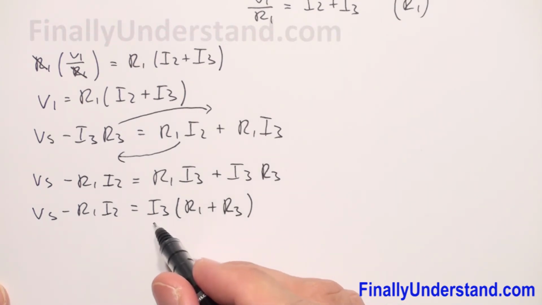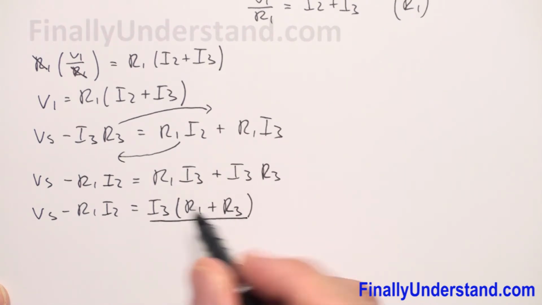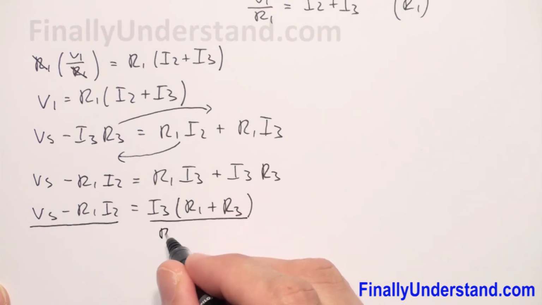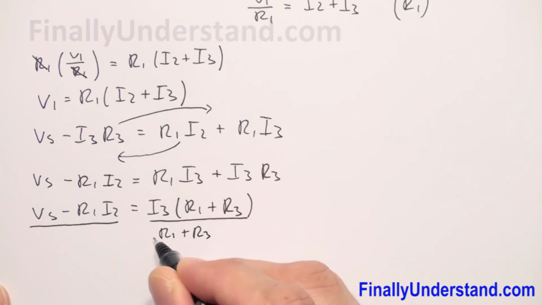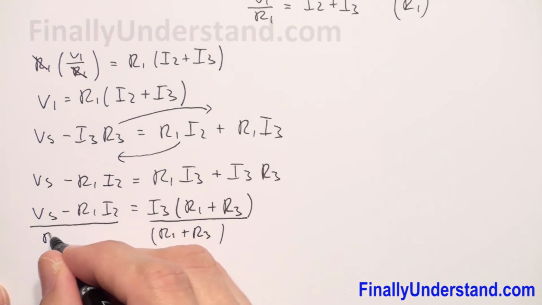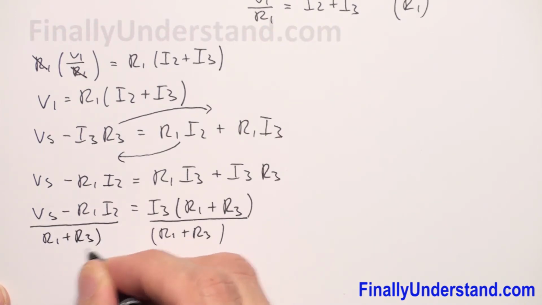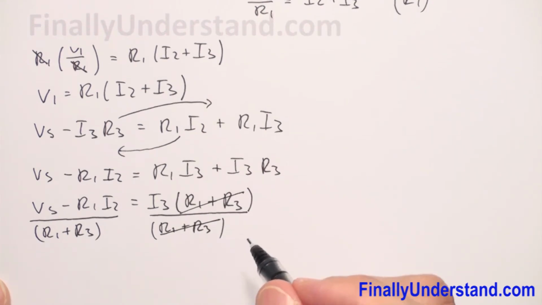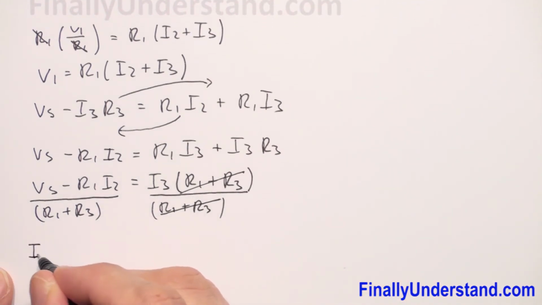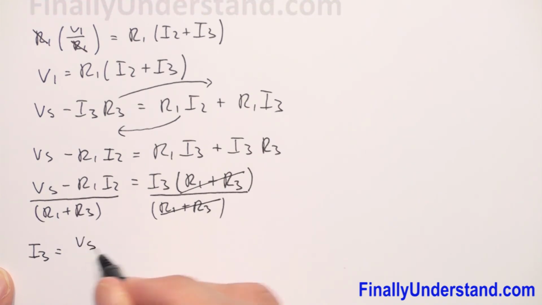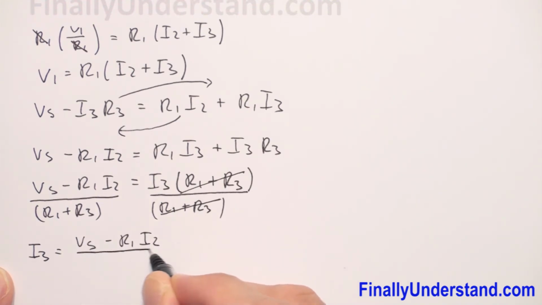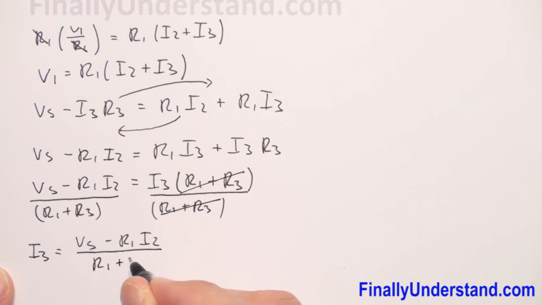In order to find I3, I have to divide both sides of this equation by the content of the parentheses, R1 plus R3. So this and this will cancel out, and I got I3 is equal to (voltage source minus R1 I2) over (R1 plus R3).